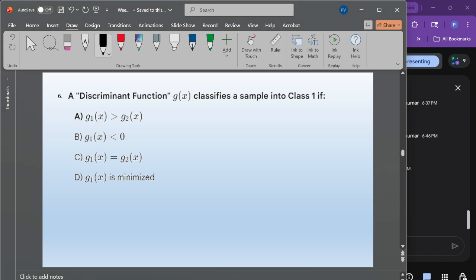So then we will go to the detailed explanation. So let's see. The detailed explanation is here.